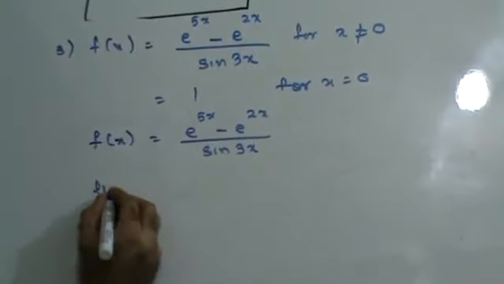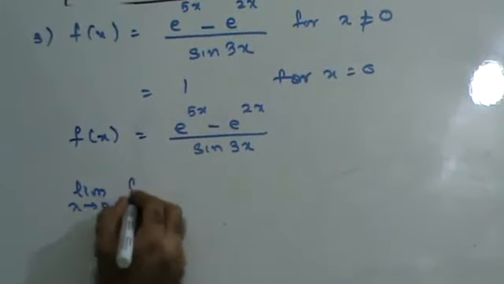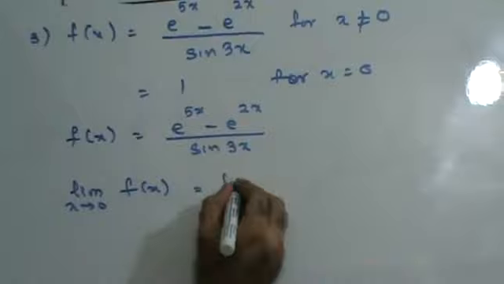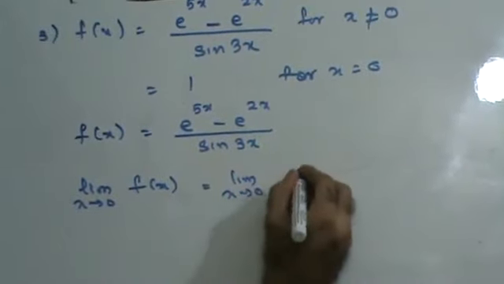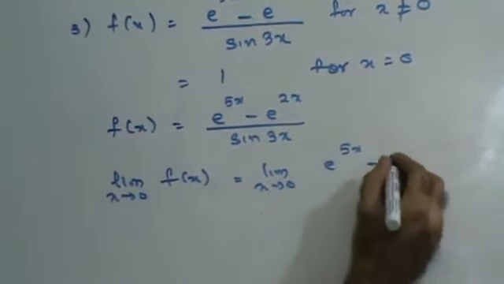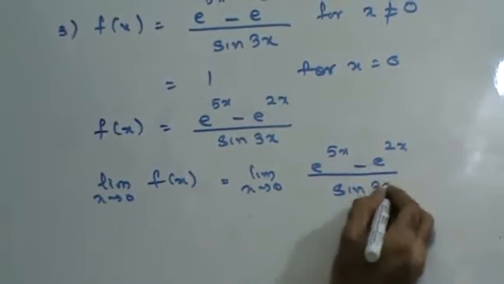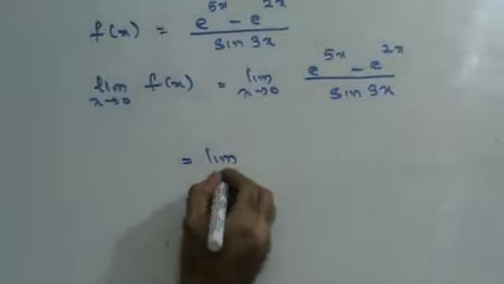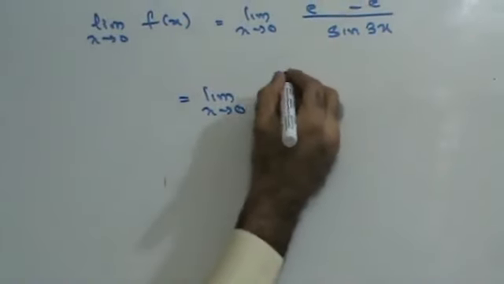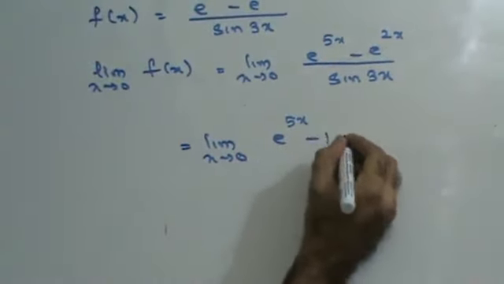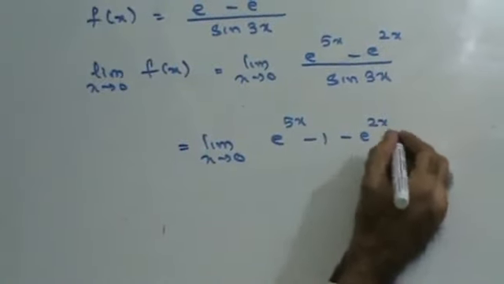Take the limit as x tends to 0 on both sides. Limit of f of x is limit of x tends to 0 of (e raised to 5x minus e raised to 2x) upon sin 3x. This can be written as limit of x tends to 0 of (e raised to 5x, subtract 1, e raised to 2x, add 1).